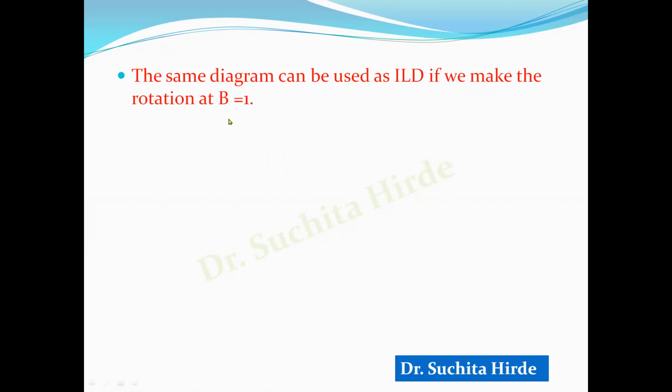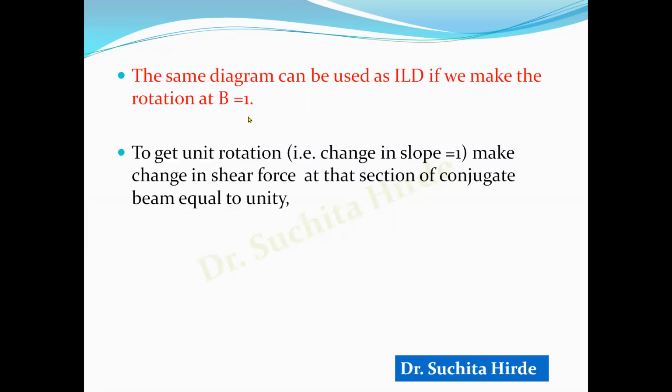So to make the rotation equal to 1, that is, change in slope equal to 1, make the change in shear force at that section of the conjugate beam equal to unity, because we know the relation between the conjugate beam and the original beam: the slope in the original beam is equal to shear force in the conjugate beam, and deflection in the original beam is equal to bending moment in the conjugate beam.